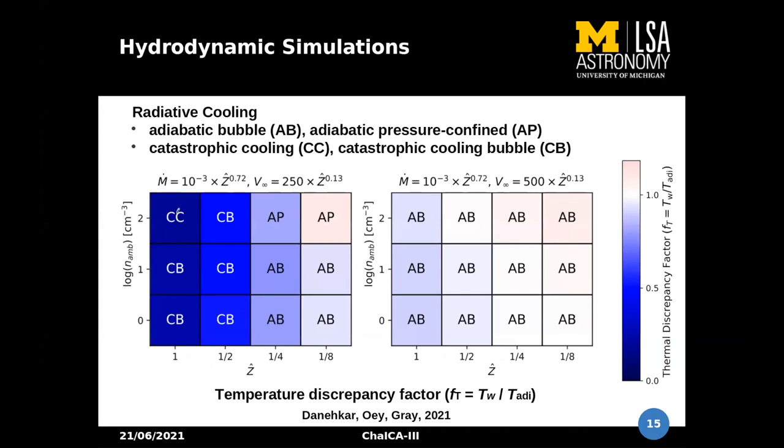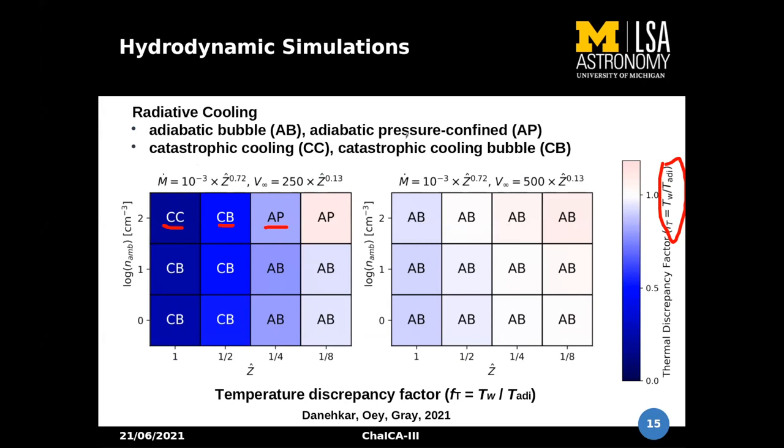Here you see these temperature profiles of the hydrodynamic solution compared to adiabatic solutions, and the blue shows the stronger radiative cooling, and we classify based on catastrophic cooling with bubble and without bubble: CB, with bubble, CC, without bubble, and AP, which is also visible in the animations.